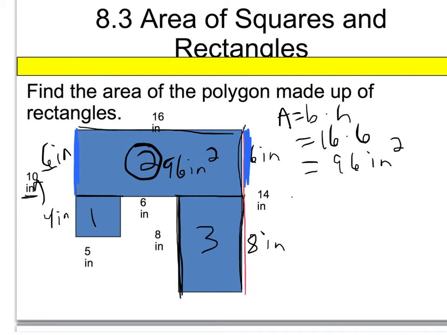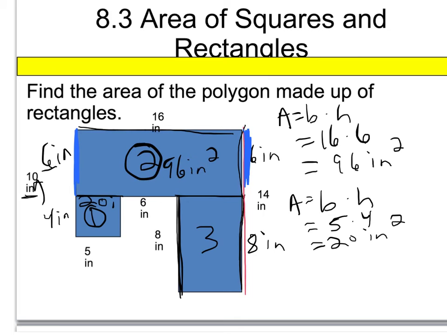Again, area equals base times height on this smaller one on the left. Multiplying those together, you get 5 times 4, which is 20 inches squared. Very nice. So we're done with 2.